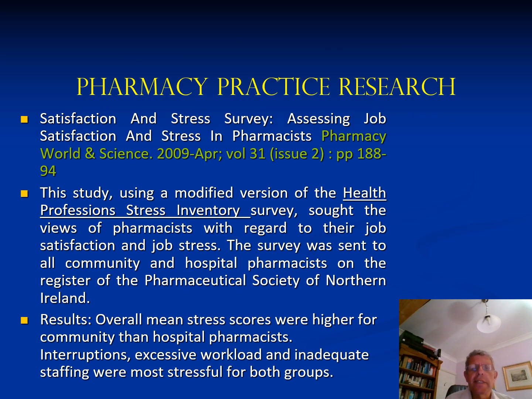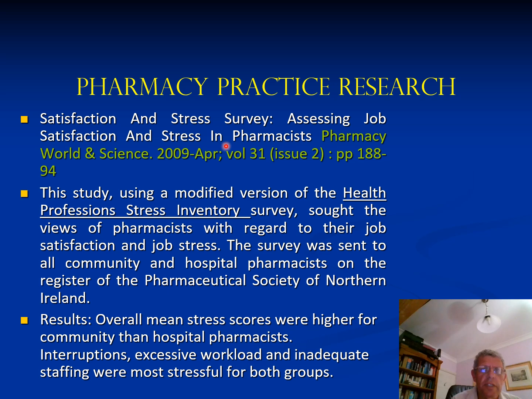So let's look at an example of a quantitative pharmacy practice study that uses a postal survey. The study is called Satisfaction and Stress Survey, Assessing Job Satisfaction and Stress in Pharmacists. So we can see what the aim of the study is.